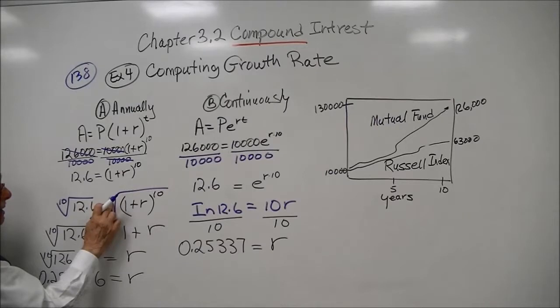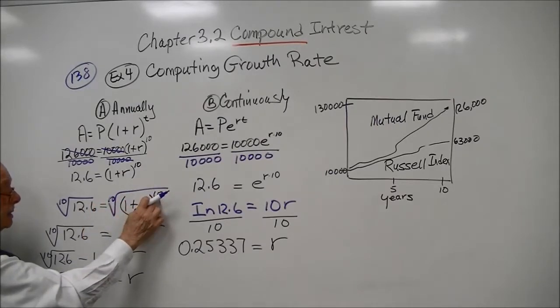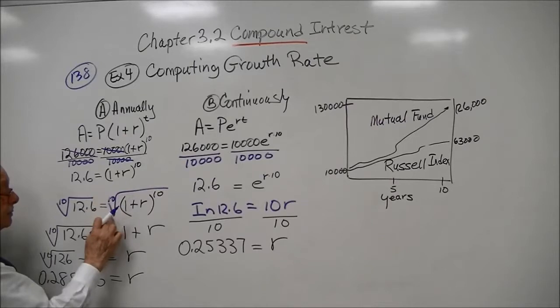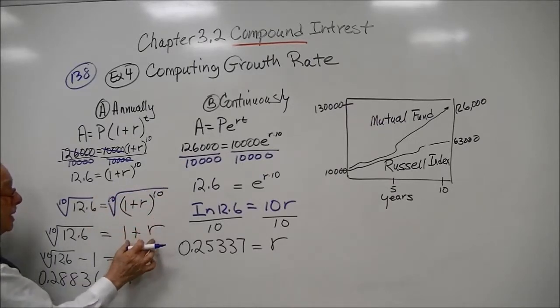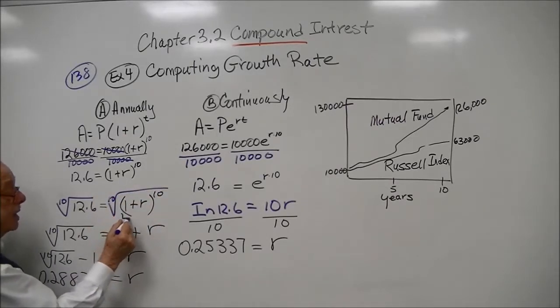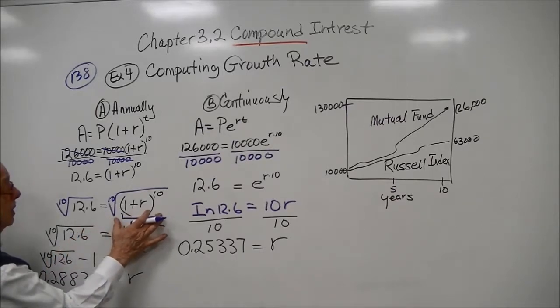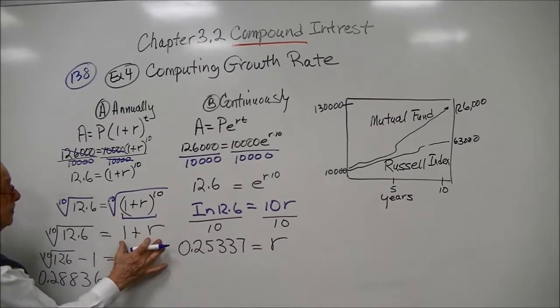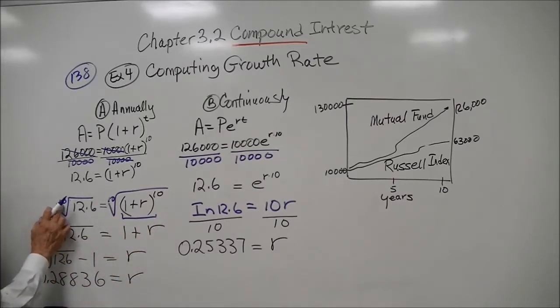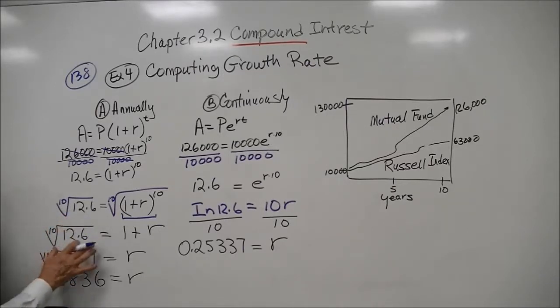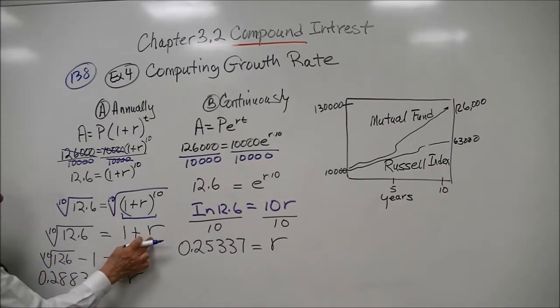Now, when this is 10, and this is 10, this radical sign disappears, and all you're left with is what is under the radical sign, which is called your radicand. So that's the special maneuver I did there, and that's critical, and you get this. Now, you can take the 10th root of 12.6, just going to put that in your calculator anyway, but I kept it there for a moment. I want to get r by itself.